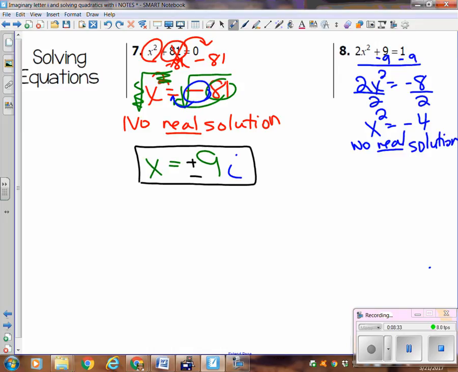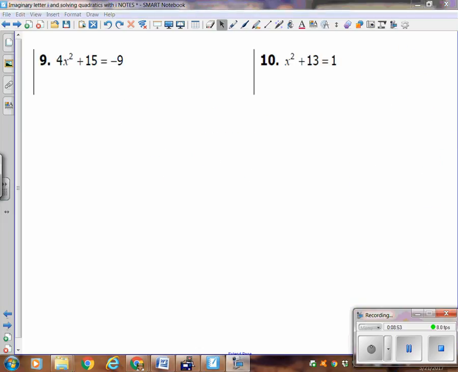This thing technically does not cross the x-axis, but as of today, with our imaginary answers, I can solve. Take the square root. The square root of x squared cancels and I get x. That's going to come out as 2, and that's going to come out as i. Don't forget what? Plus or minus.